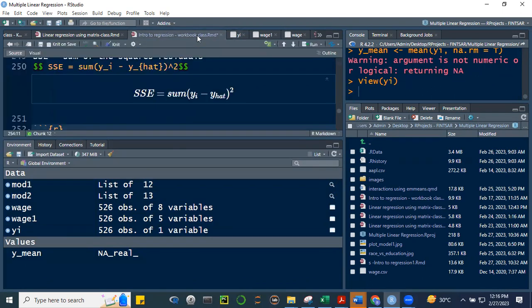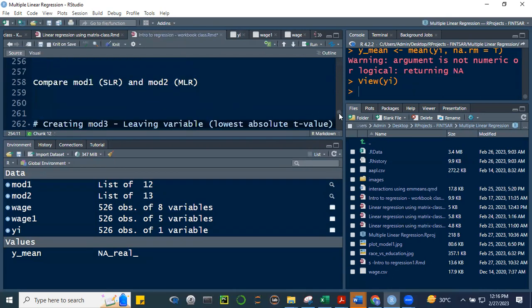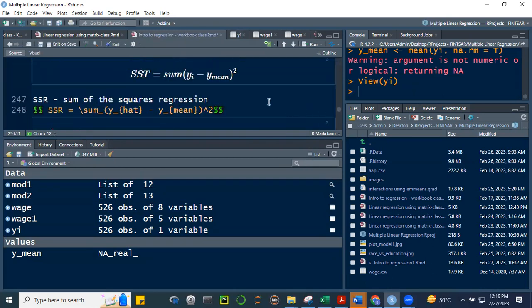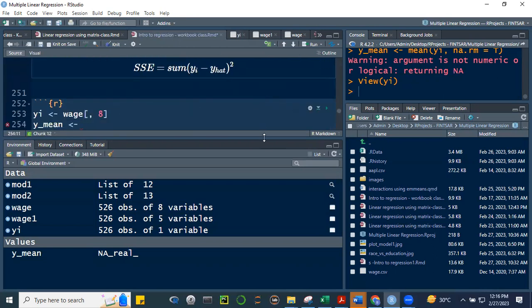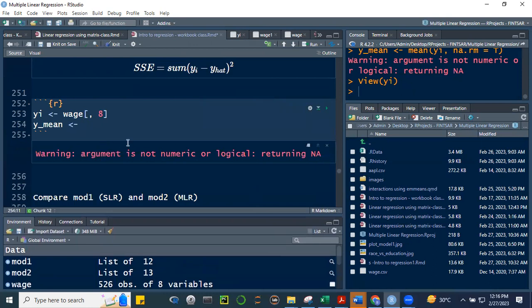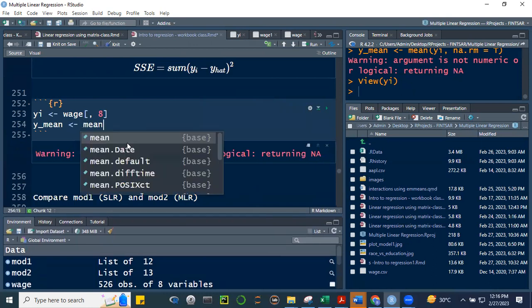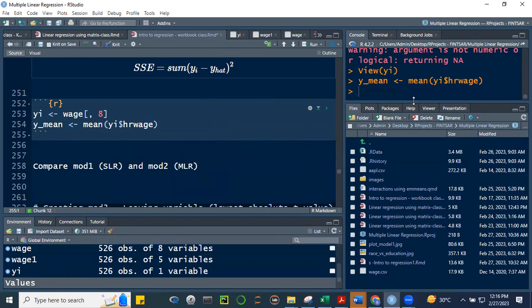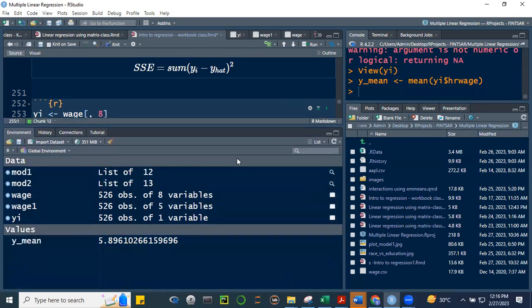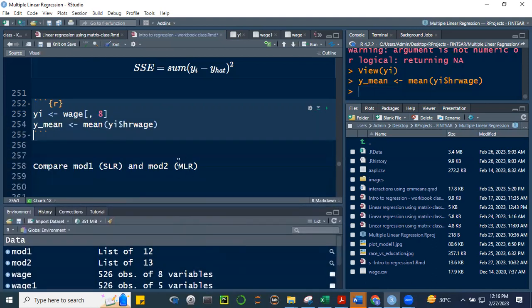Okay, I stand corrected. So dapat, Y mean is equal to mean ng yi, yung hourly wage, no? All right. So may Y mean na tayo. Yan, 5.896. All right? Sorry for that.